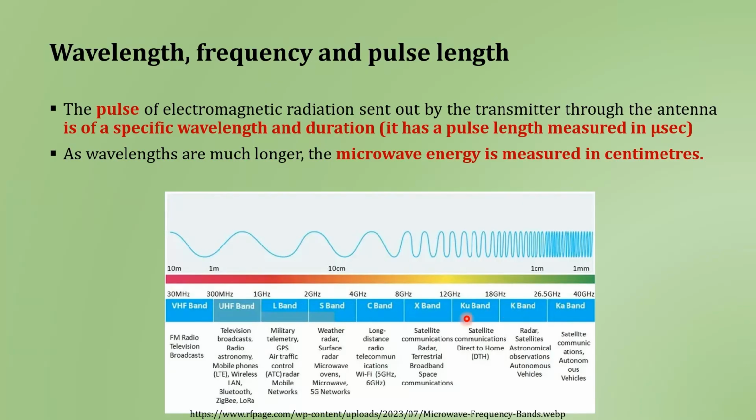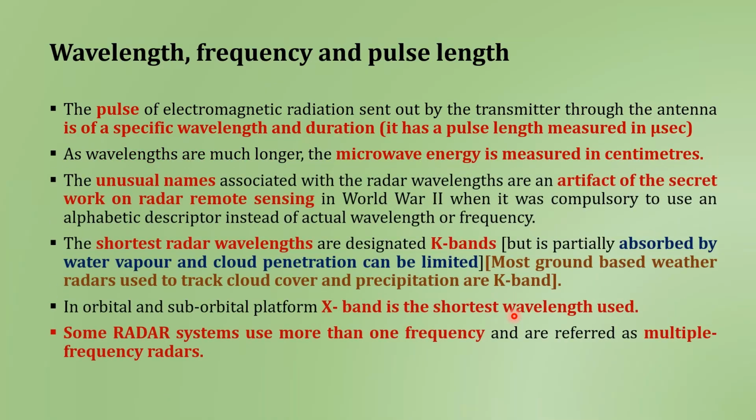These unusual names associated with the radar wavelength are the artifact of the secret work on radar remote sensing in World War II, when it was compulsory to use an alphabetic descriptor for the signal instead of the actual wavelength or frequency.